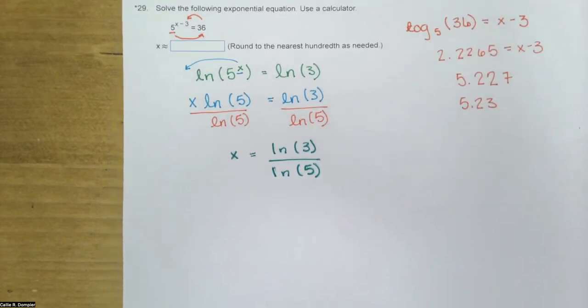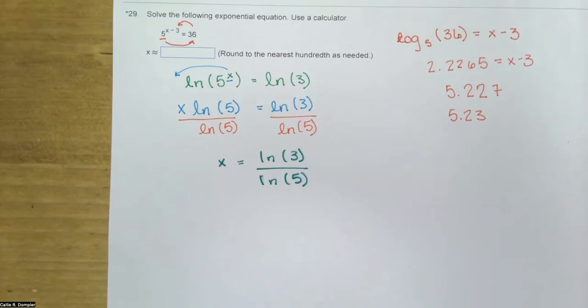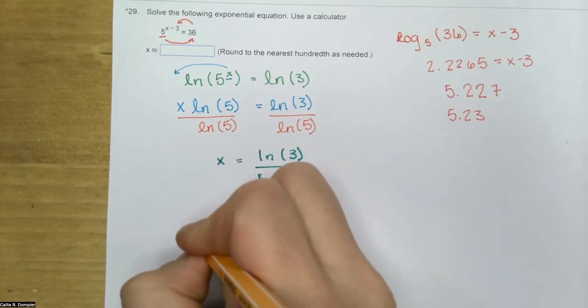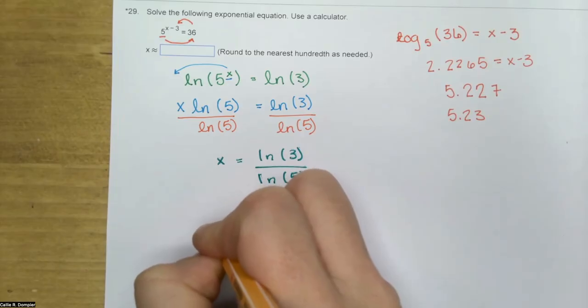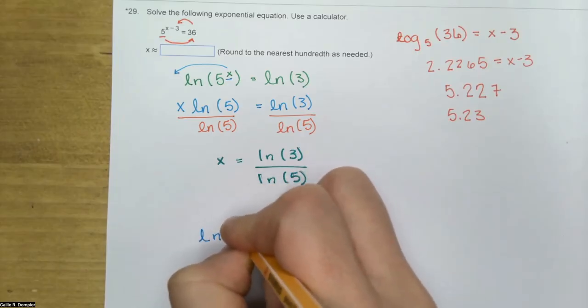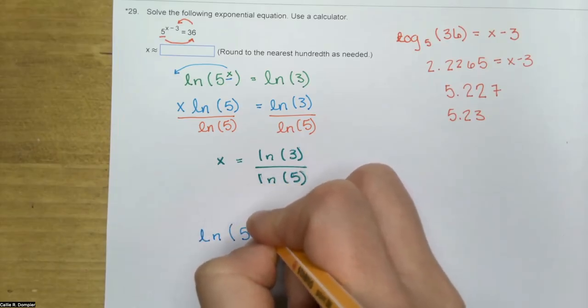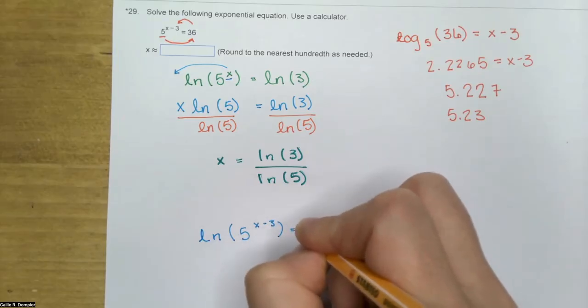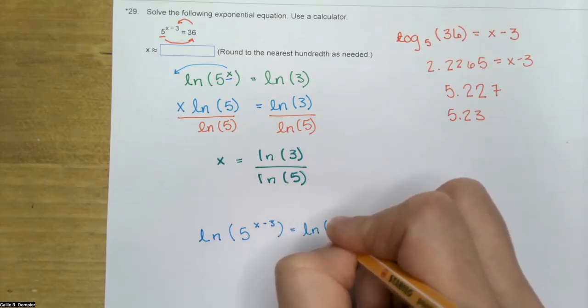Or you can try the natural log of 5 to the power of x minus 3 is equal to the natural log of 36.